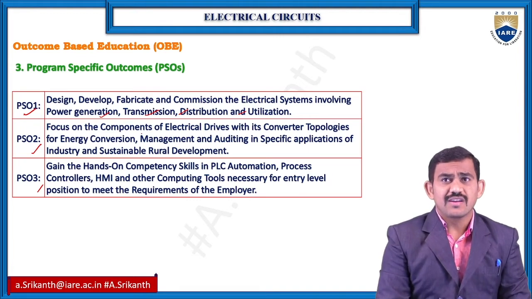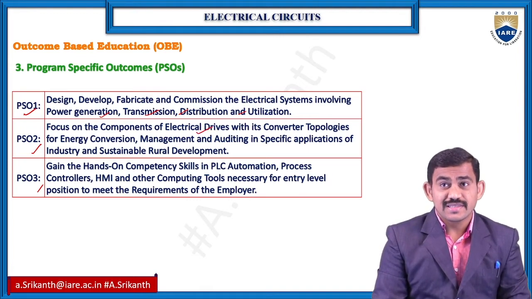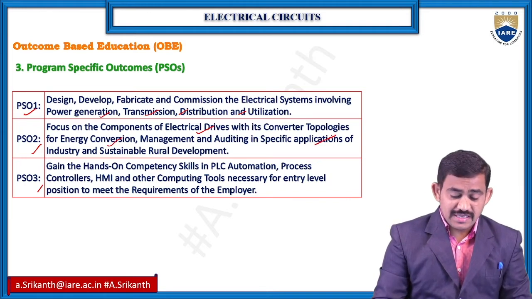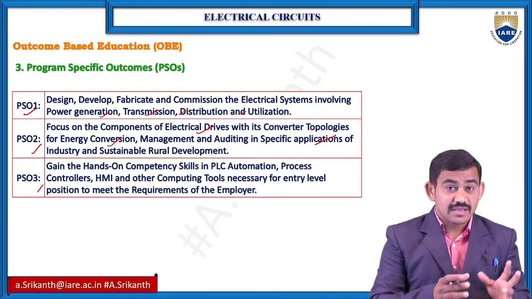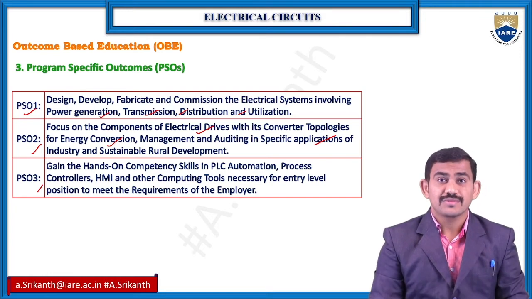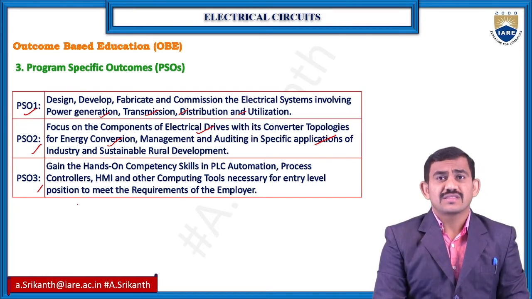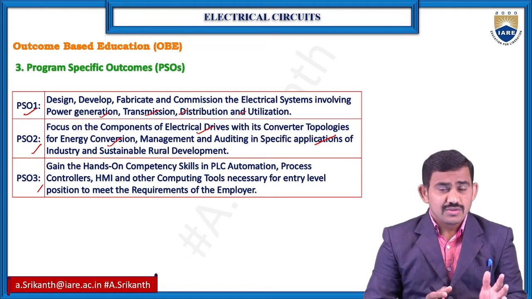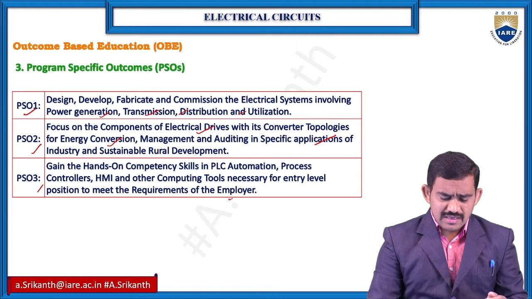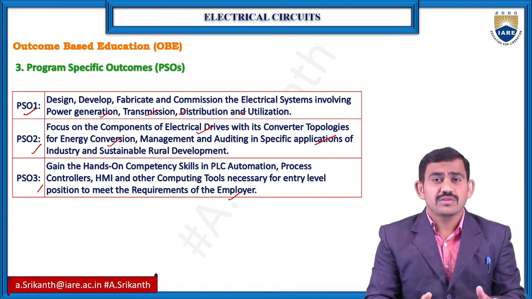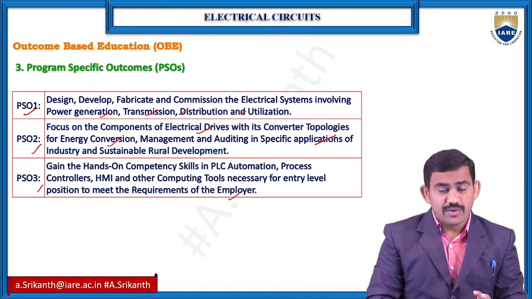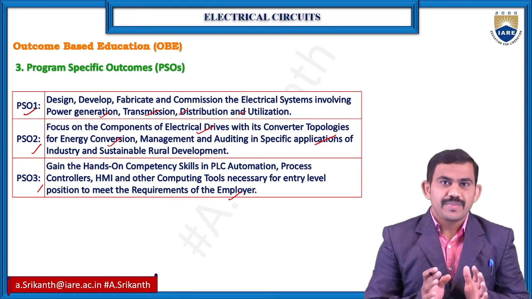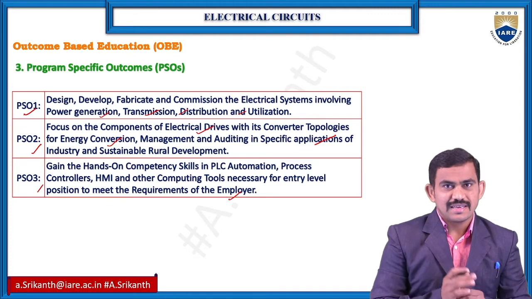Here we have electrical devices, energy conversion and applications in industries, related to our electrical engineering. That is another PSO. The third one is skill development, different automations. So these are the 3 PSOs for the electrical stream.